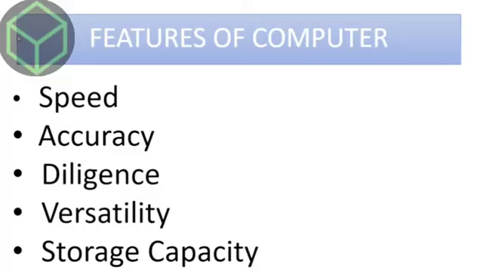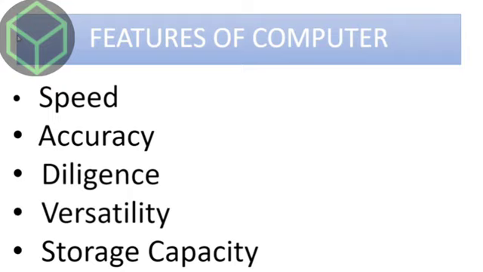Next are the features of a computer. First is speed. The speed of a computer may be defined as the time taken by a computer to perform a task. It takes only a few seconds for calculations that take us hours to solve. The second feature of a computer is accuracy.